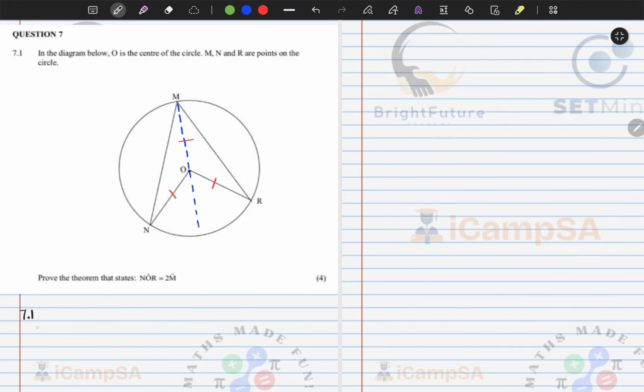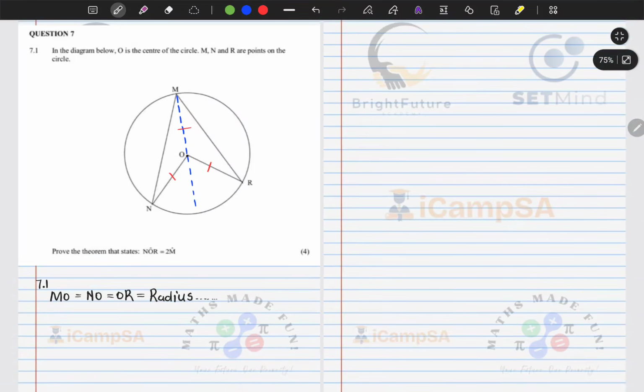So you will see that our MO is equal to NO, which is equal to OR. Why are these equal? It is because these are the radius. Okay. So whenever you have a radius, you will see that it will make an isosceles triangle.